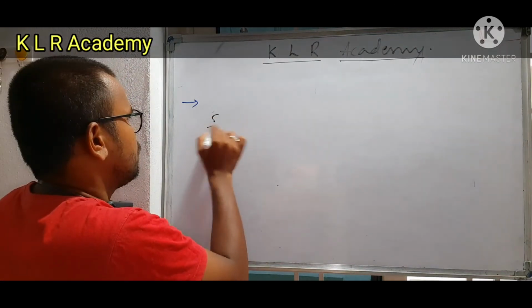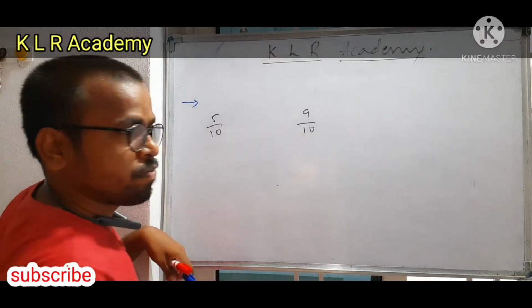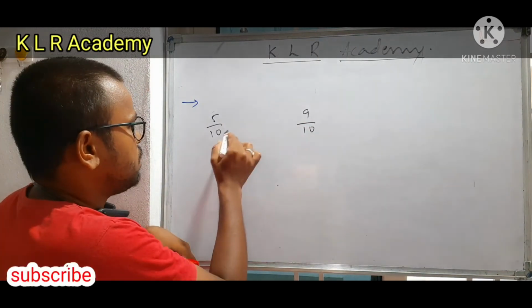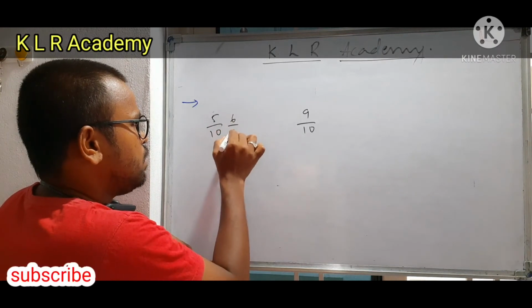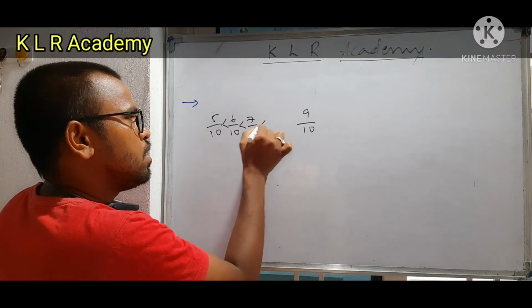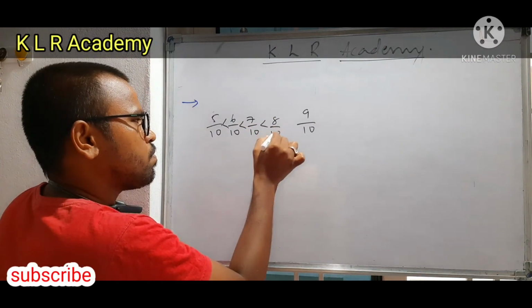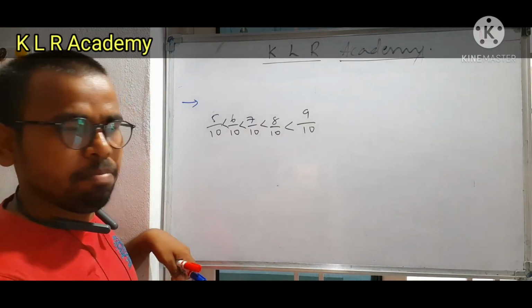I'll take 5/10 and 9/10. How many rational numbers are there between 5/10 and 9/10? So I can say 6/10, 7/10, 8/10. These are the rational numbers between them.